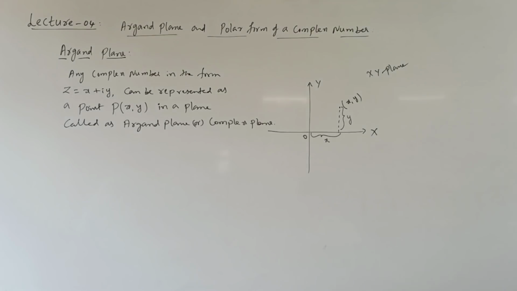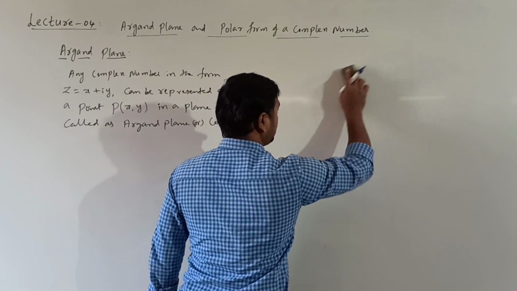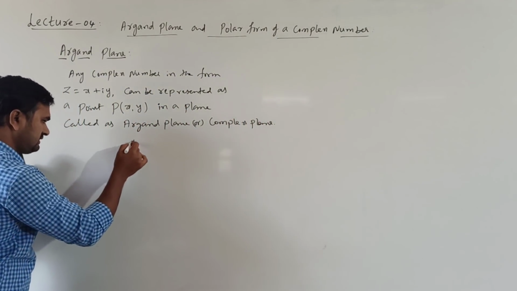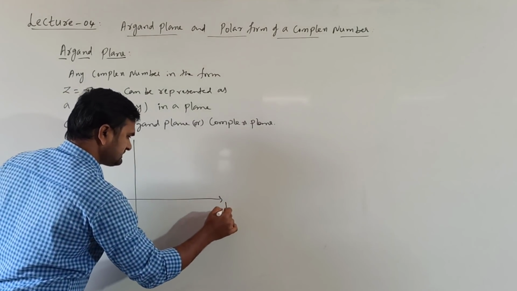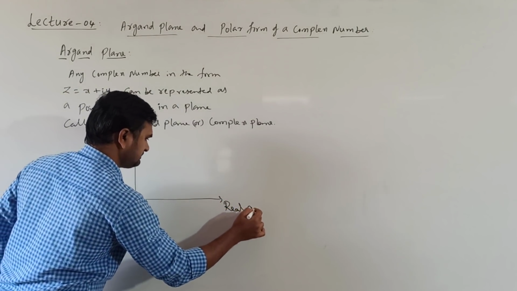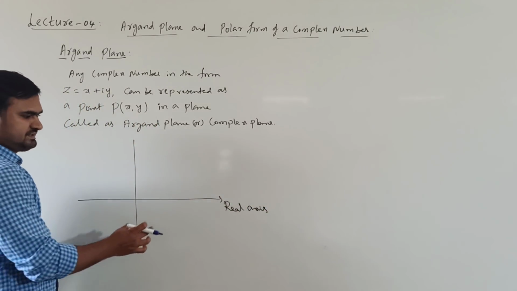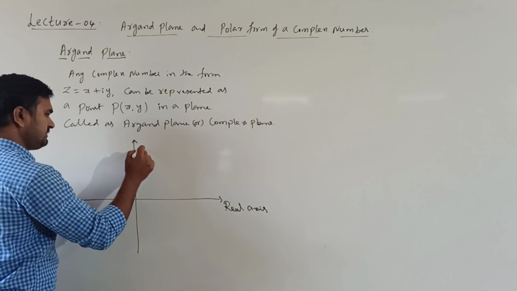So what will we have in this Argand plane or complex plane? In this Argand plane we will have two mutually perpendicular lines. One is called the real axis. Instead of taking the x axis, here we take the real axis, and this vertical line is the imaginary axis.